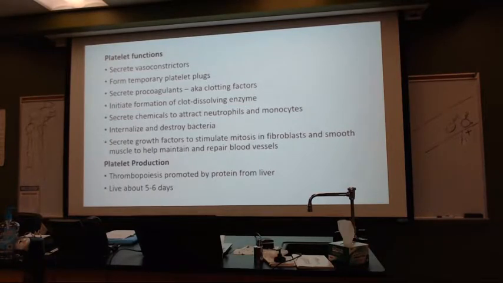Secrete what is termed procoagulants. These are my clotting factors. For example, a person with hemophilia will have one or more of the clotting factors that can either not function or not be present.